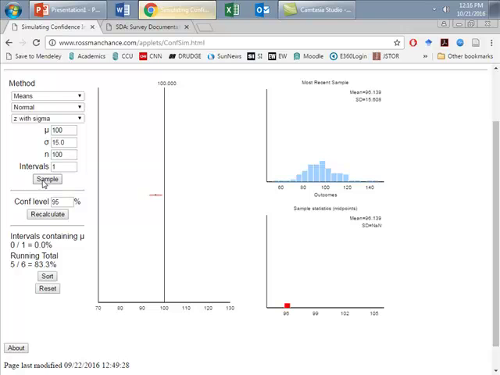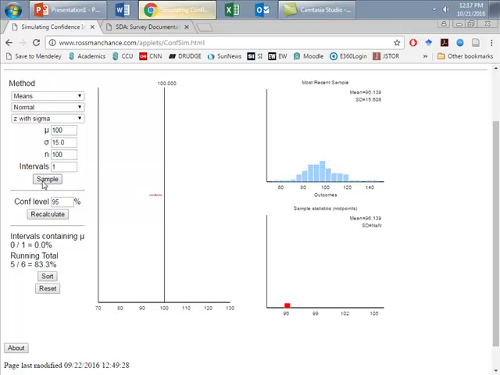Now, I've done this 6 times. And of the 6 times that we've done this, 5 of them have been within that confidence interval. So I'm going to keep hitting the button until I get to 100. What should we expect to see?